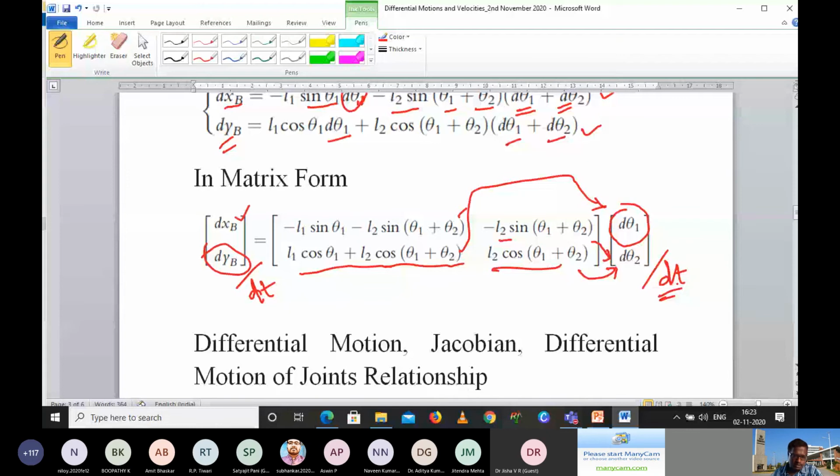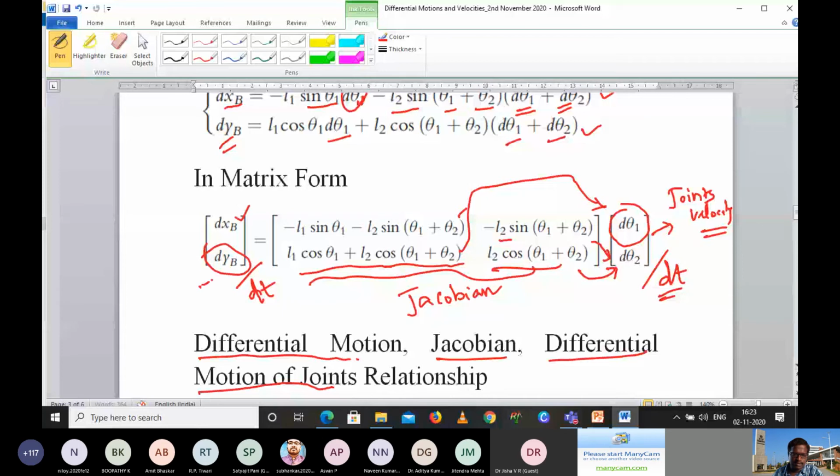So now this is nothing but the relation of the differential motion, the Jacobian and the differential motion of joints. That is, this is related to the joint velocity. And this is nothing but the so-called Jacobian, and this one is nothing but the differential motion.